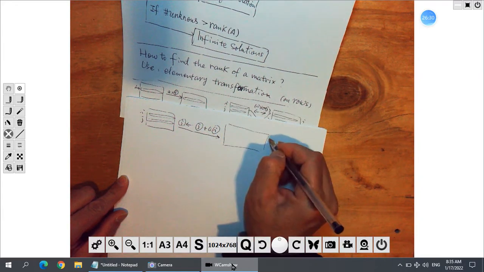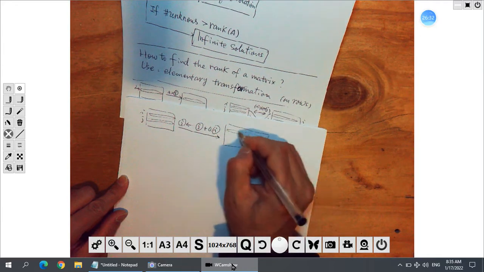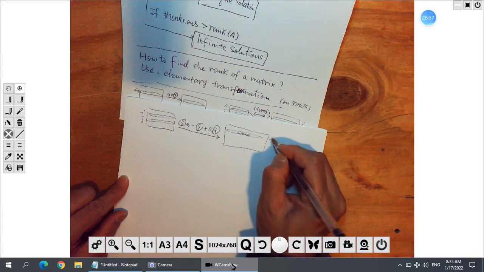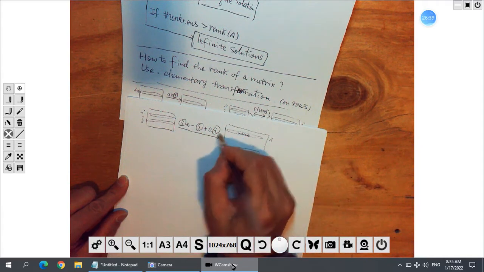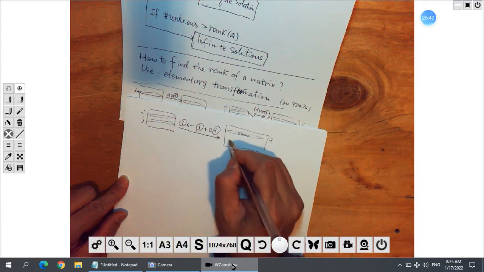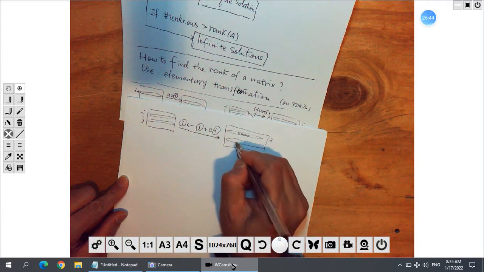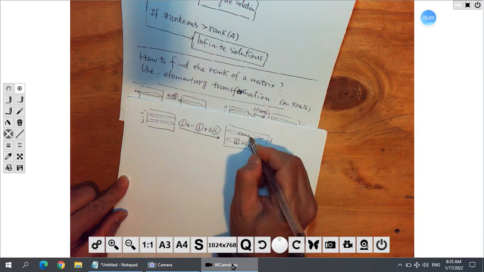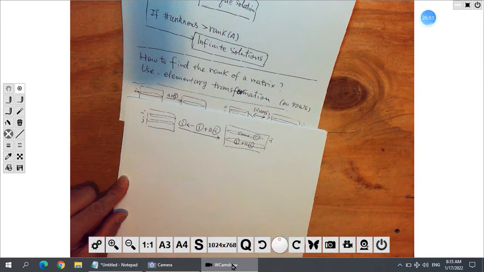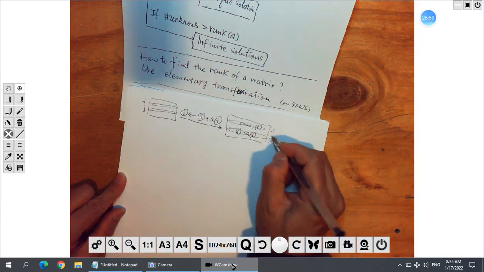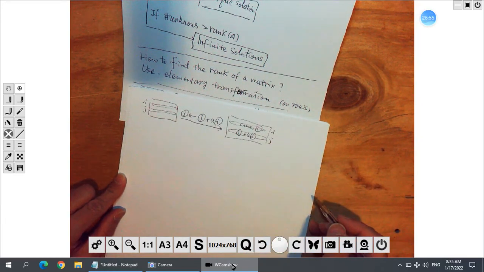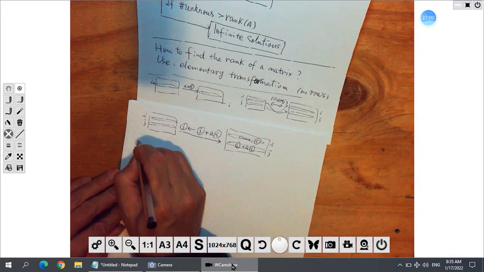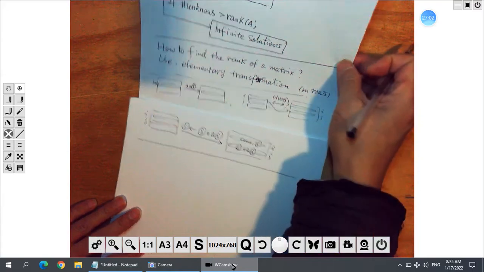The ith row is the same, but the jth row is replaced by j plus a times i. So we have three elementary transformations. By these three, we can change the style of the matrix.